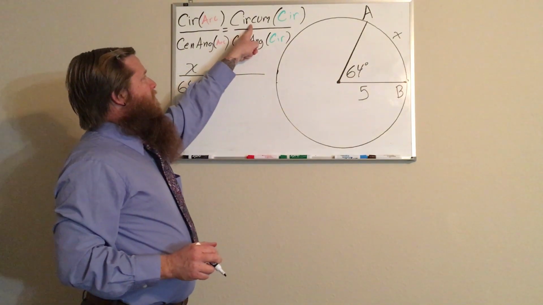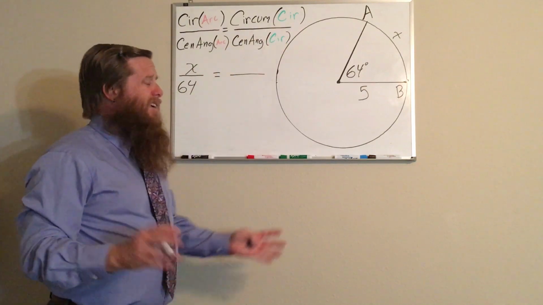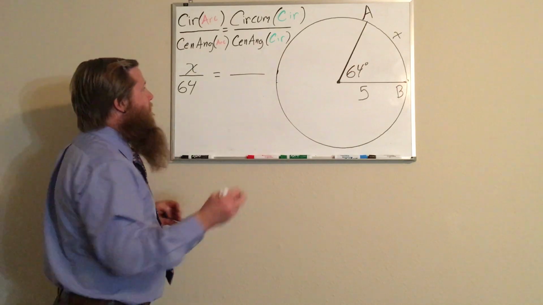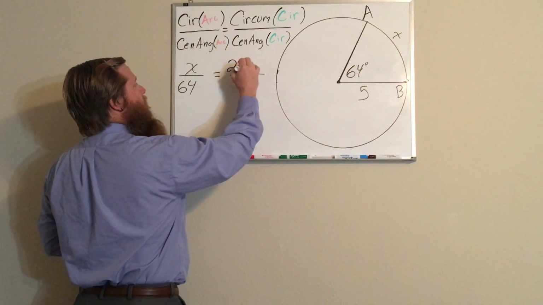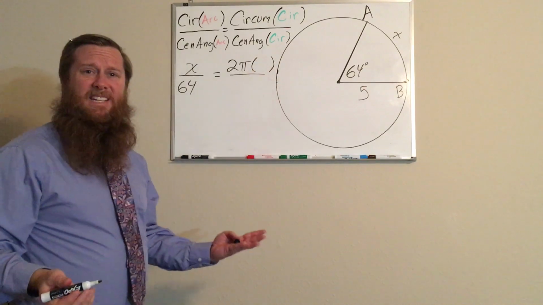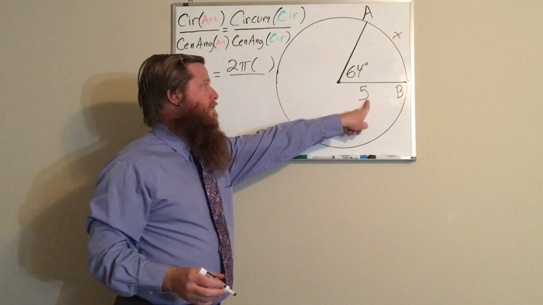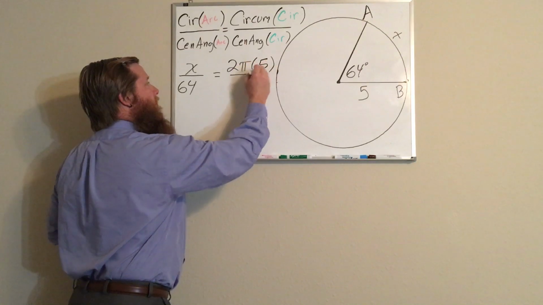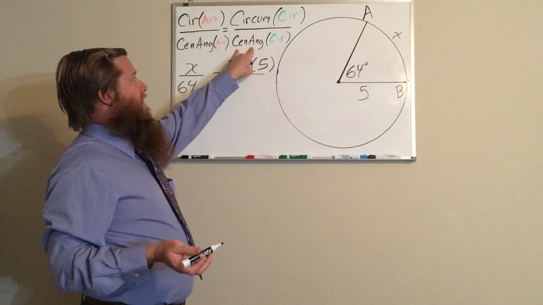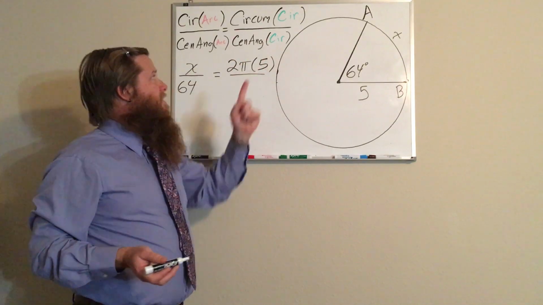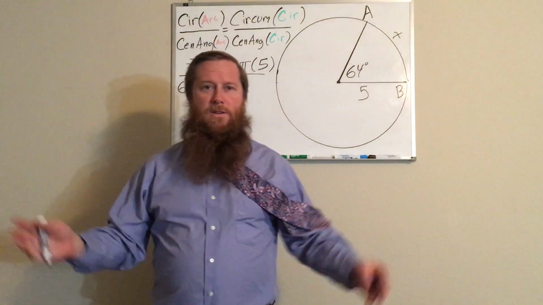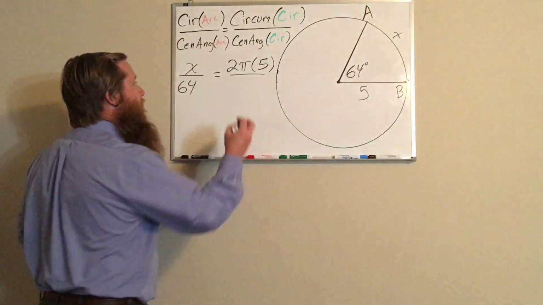Now this says the circumference of the circle, and apparently that Lucha Cougar guy talked to you guys about circumference of a circle. Circumference of a circle is 2 times pi times radius, and the radius of this circle is 5. And then the very last piece of information, everybody knows the central angle of a circle. 360 degrees every time.